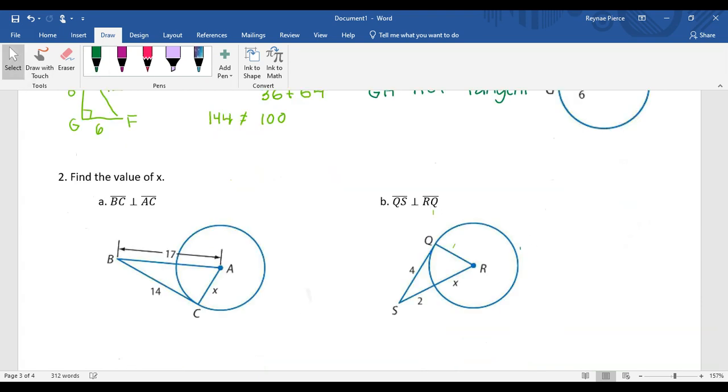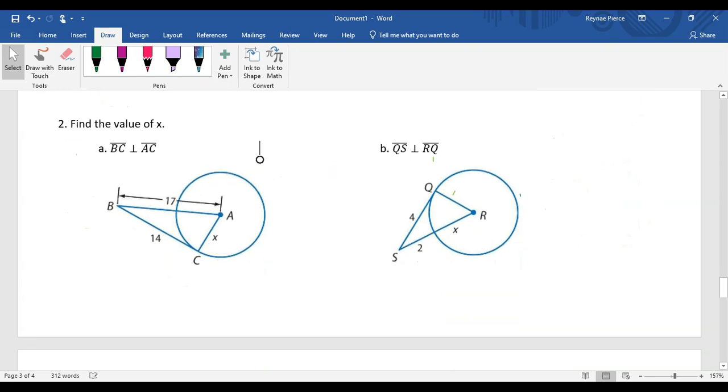The next kind of example, though, if we are trying to find a value of x, here we know BC is perpendicular to AC. Since this is a radius drawn to a point of tangency, we're going to use the Pythagorean theorem to find a value of x. 14 squared is 196. 17 squared is 289.